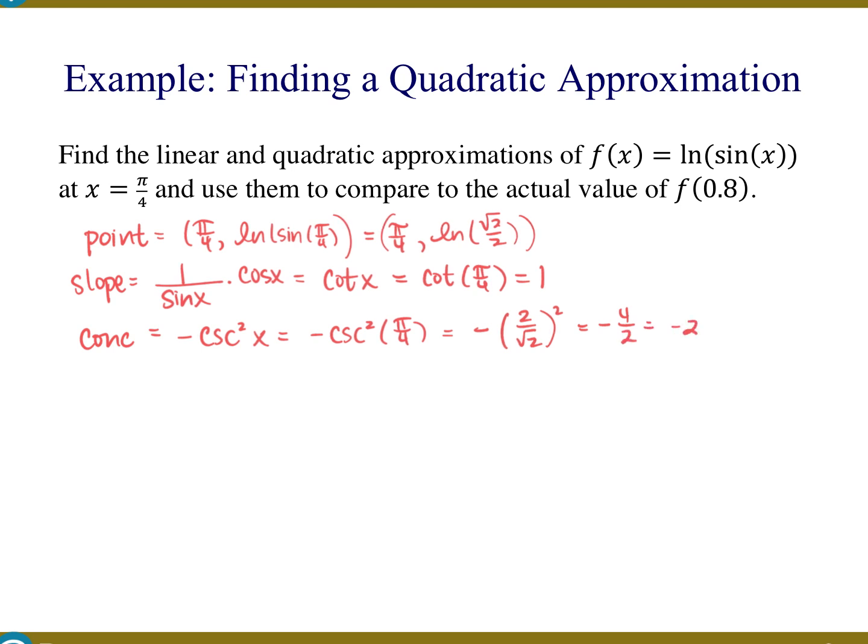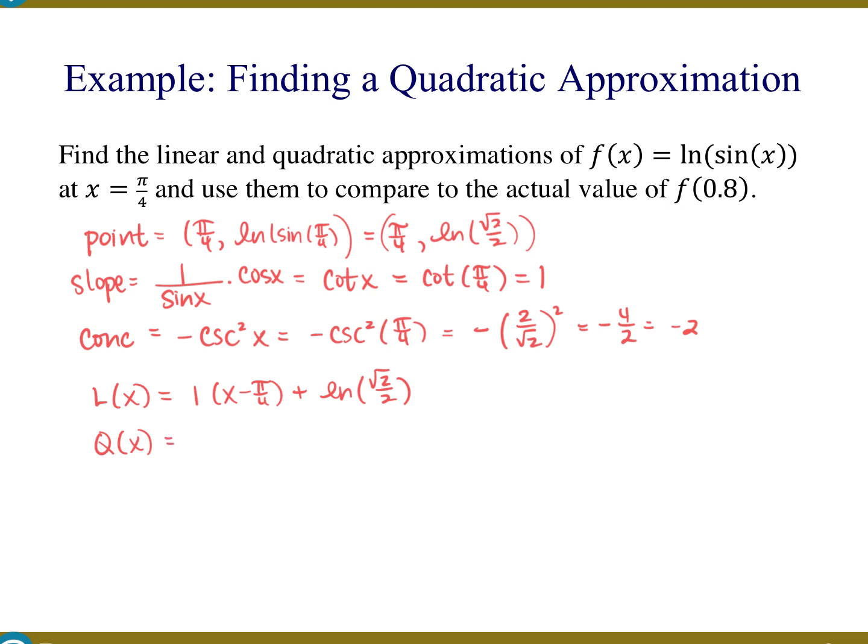All right, so then we're ready to write our linearization and our quadratic approximation. So our linearization will start out with the slope of 1 times x minus pi fourths plus the natural log of the square root of 2 over 2. So that's our linearization.